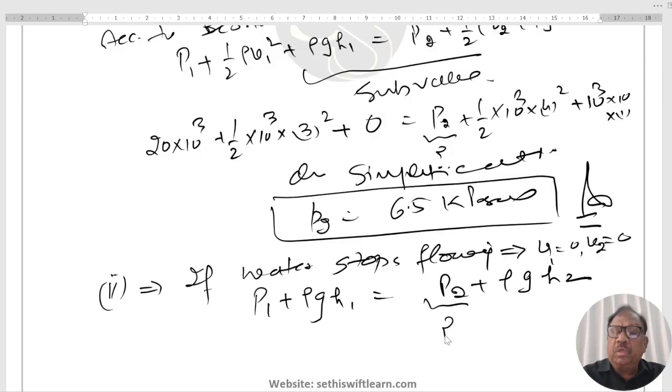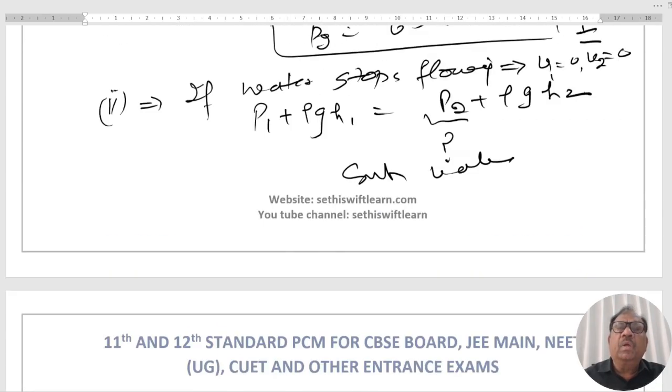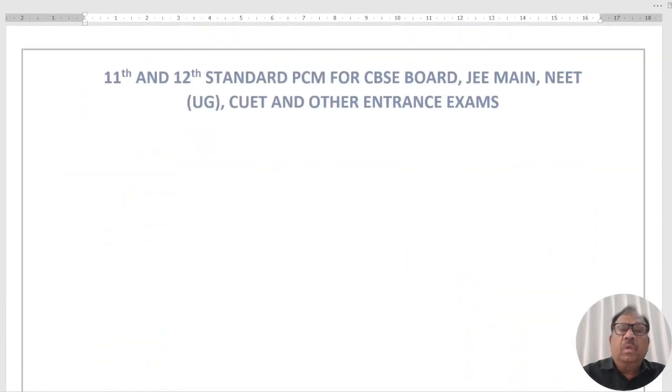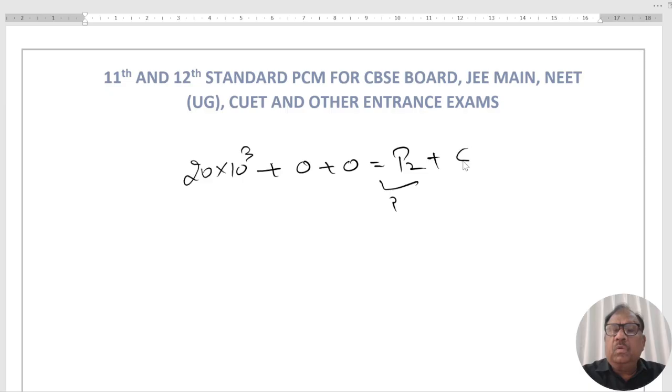We have to find in this case by substituting values. P1 is 20 kilopascal, 20 into 10 to the power 3 plus 0 equal to P2, we have to find it out, plus rho G H, 10 to the power 3 into 10.